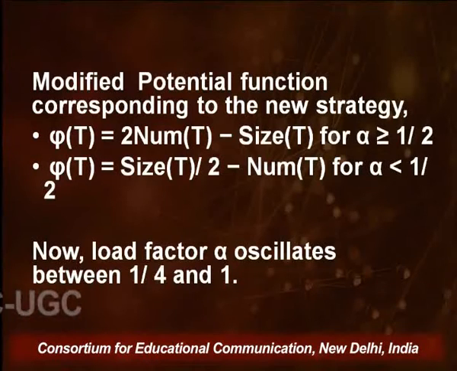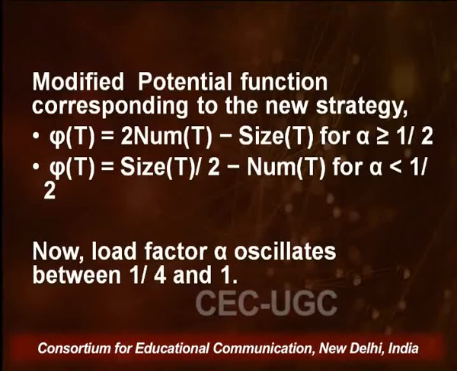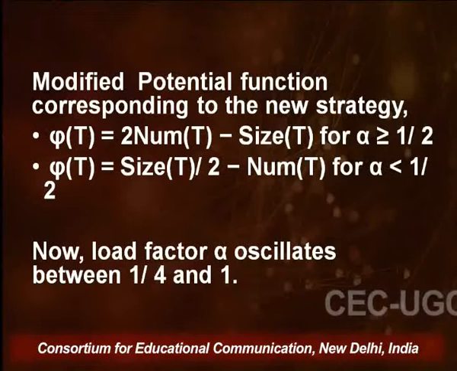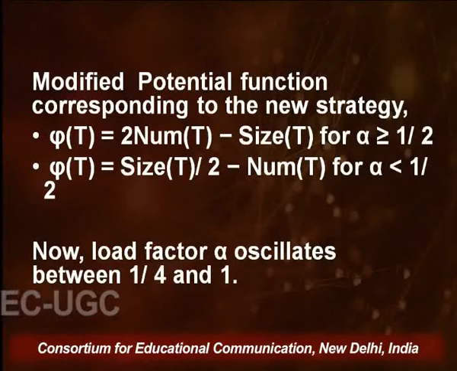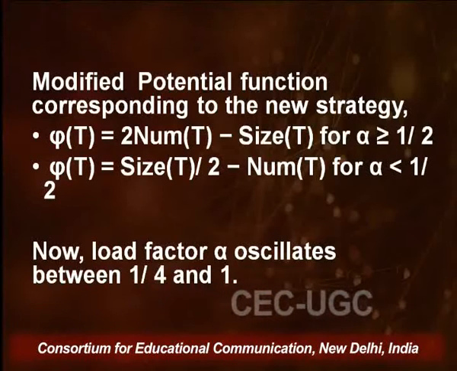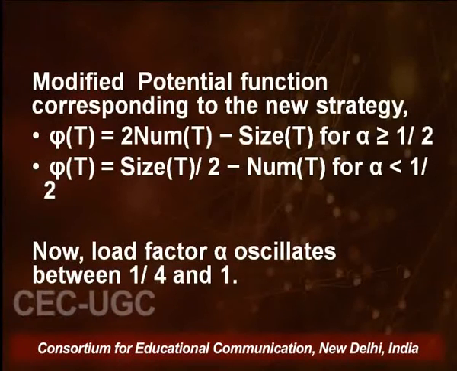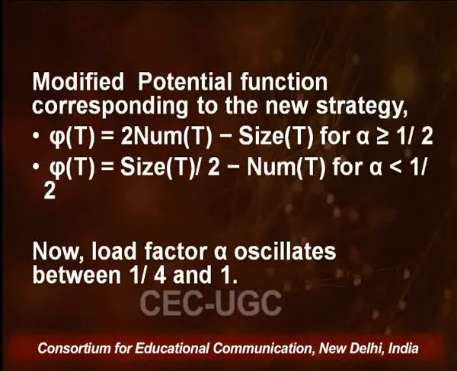This is my new strategy, where I have changed the potential function so that it is different for the situation when the load factor alpha is greater than or equal to 1 by 2 and the situation where alpha is less than 1 by 2.